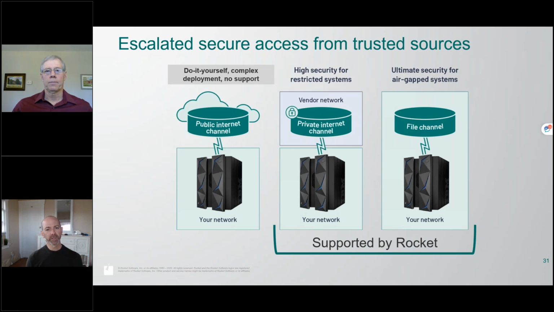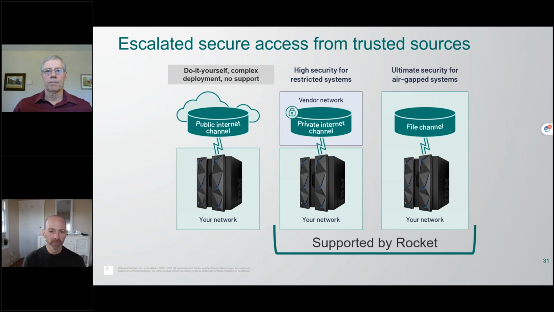But if you want secure access where it's password protected and you want the latest updates, you would go to the middle or the right side here. You get access to these channel options with Rocket AppDev, Openapt Dev for Z. The latest security vulnerability fixes are available on our private internet channel.